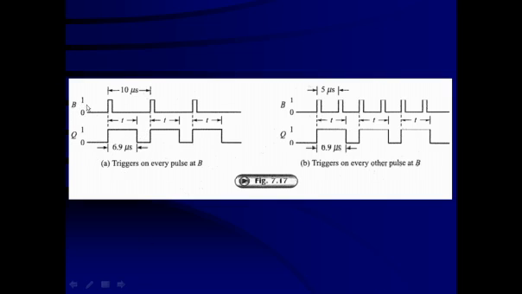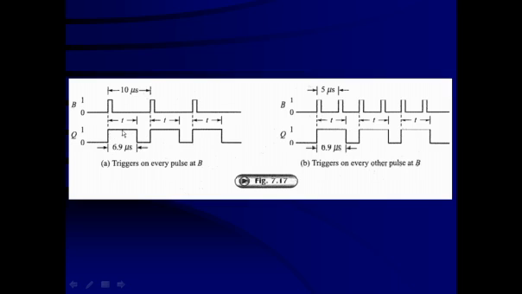If at the input B the pulses are spaced by 10 microseconds, the first positive transition takes place at T. That means a positive trigger will be there. The circuit is triggered and goes into the quasi-stable state. It will time out after 6.9 microseconds, and it is already in the stable state before the second positive edge occurs.